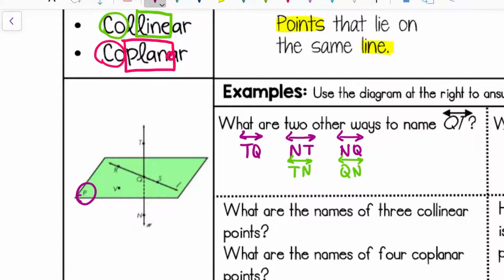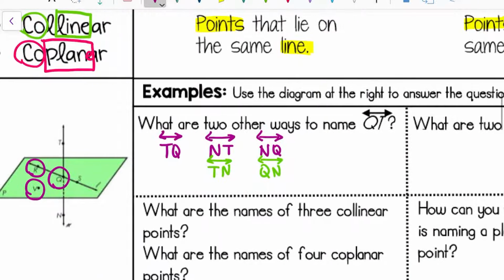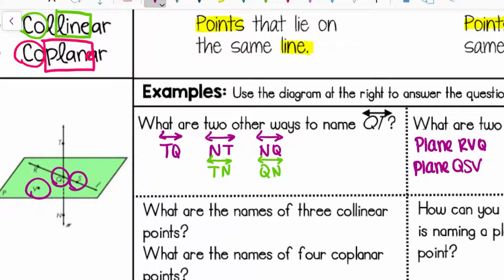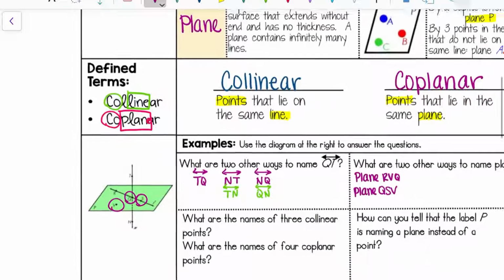So we could use R, V, Q, and we could call it plane RVQ, or any combination of those 3 letters in any different order. Okay, we could use QSV, and we could name it plane QSV, or any combination of those 3 letters.